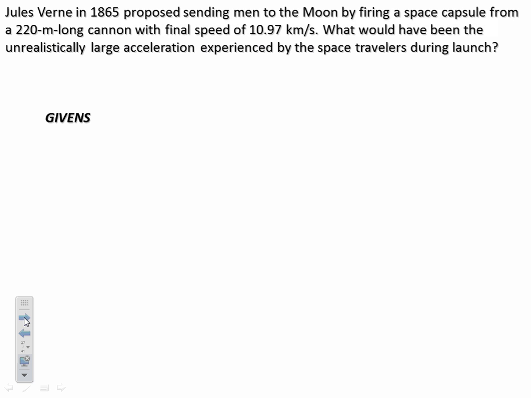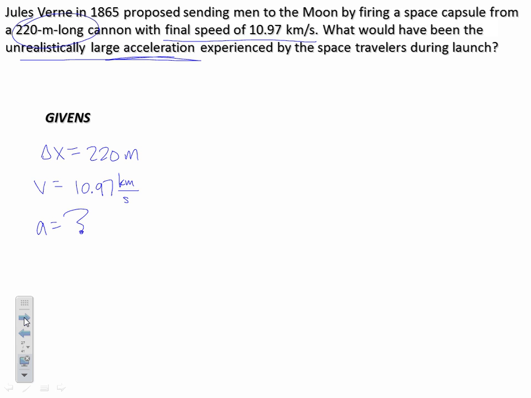Let's write down the things we know and the things we want to find. We know that must be delta x, a final speed. We're looking for what unrealistically large acceleration?